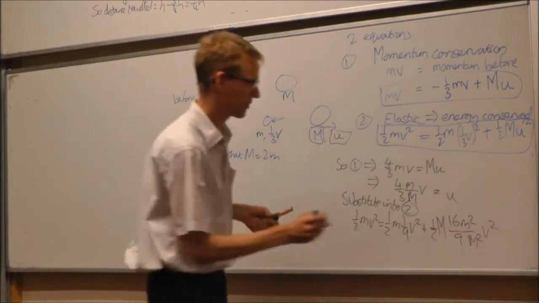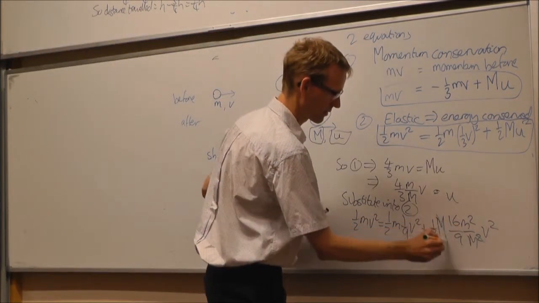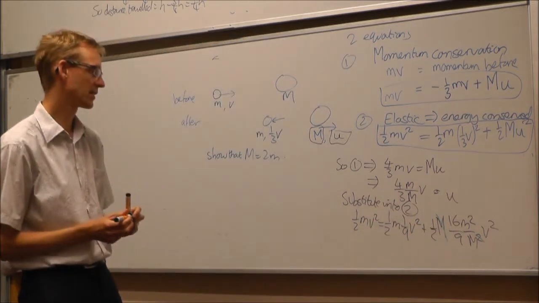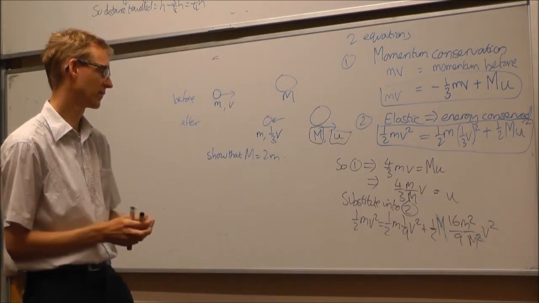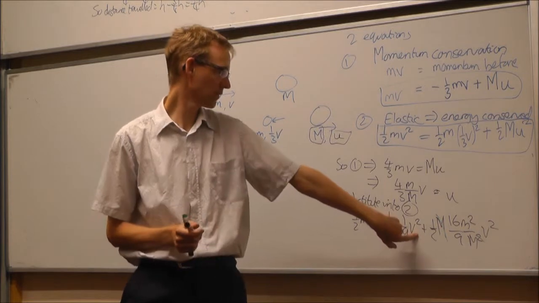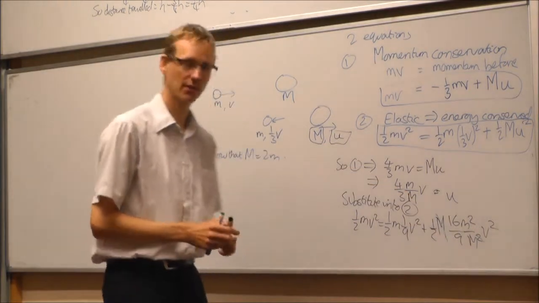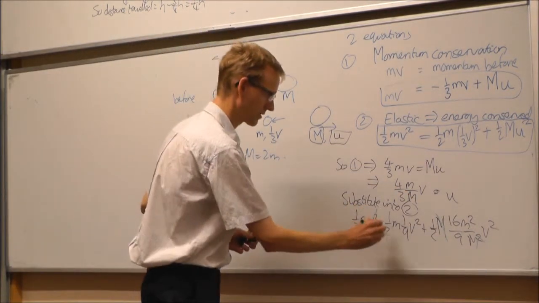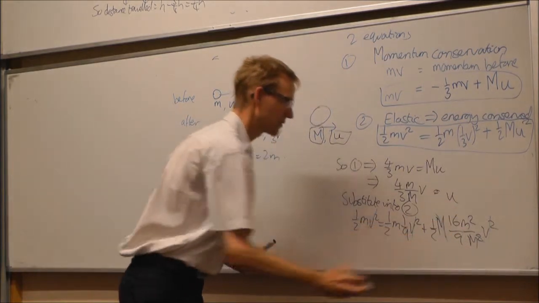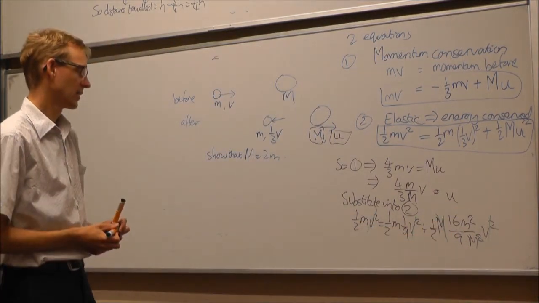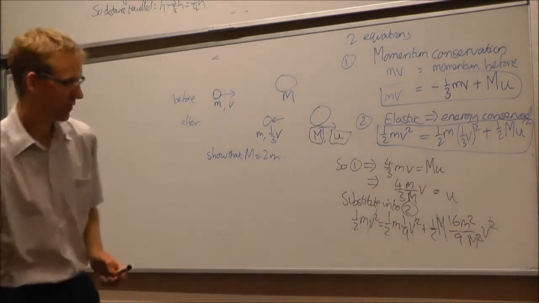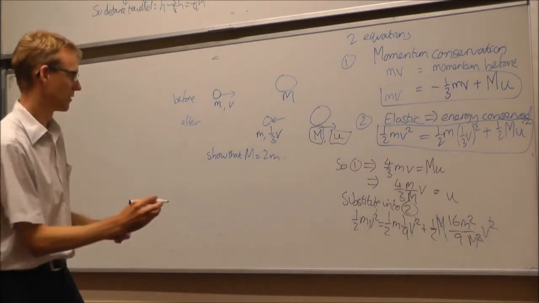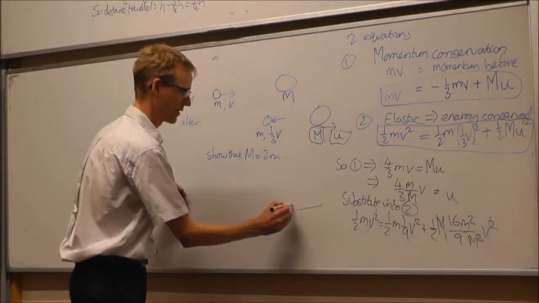What can we cancel? We can lose one of those M's. We've got v squared everywhere, so we can cancel the v squareds, just divide by v squared. So we've just got, let's just go on that way, algebra.